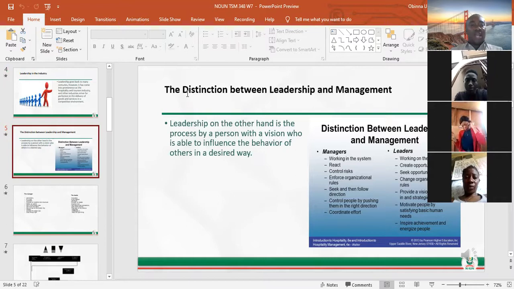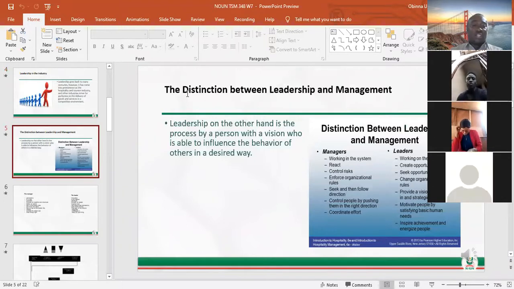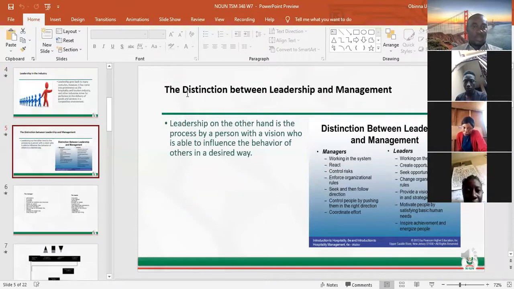Now, if you look at the distinction between leadership and management, you can begin to see what it is. Managers work in the system. Leaders work on the system.